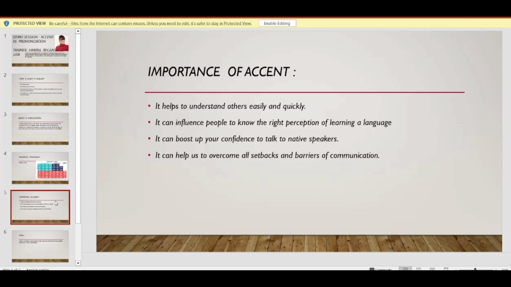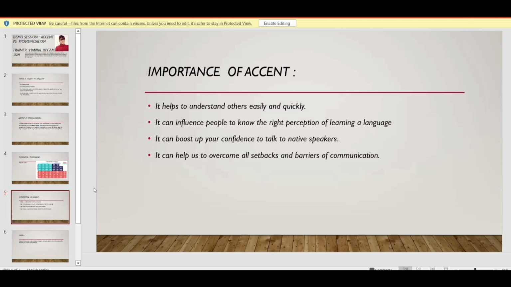American people have American accent and British people have British accent. So because of their accent, sometimes we can't understand their English. That's why it's important to improve our accent as well, so that we will feel completely comfortable talking to native speakers, and it will be much easier for us to understand their English.